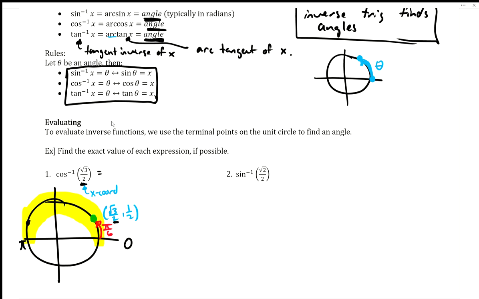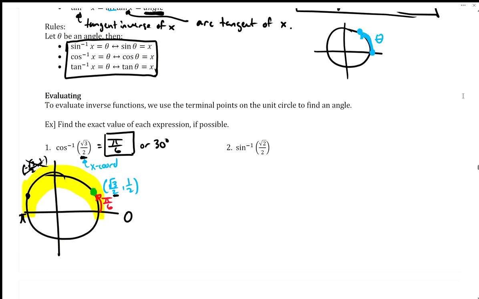Over here would be a negative x coordinate, so we don't want that on this problem. So it is just pi sixth. Done. And if we needed it in degrees, we could convert it. If they do want degrees, 30 degrees is the answer, but typically they do want radians.